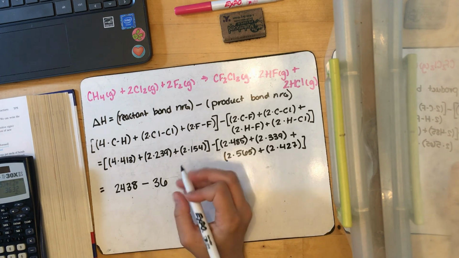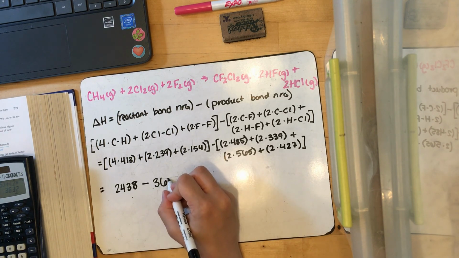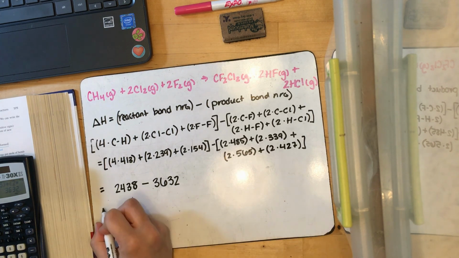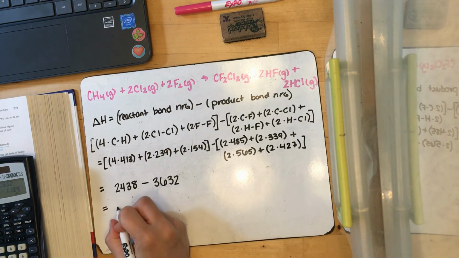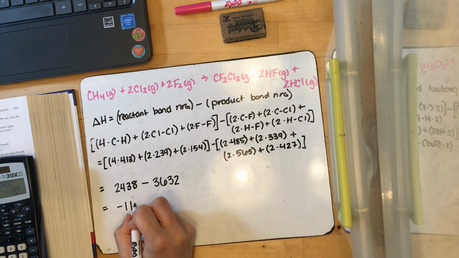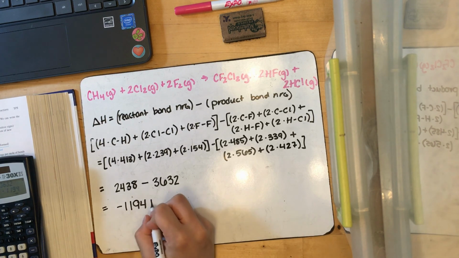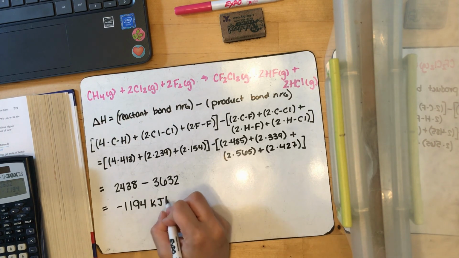And our product side works out to 3,632. Then we just subtract those, and we wind up with negative 1,194 kilojoules per mole.